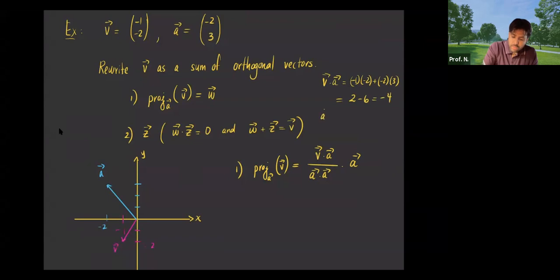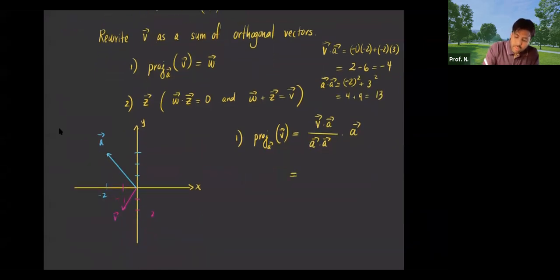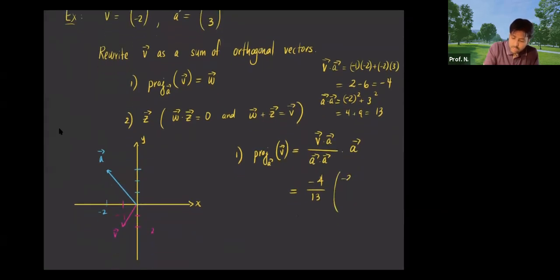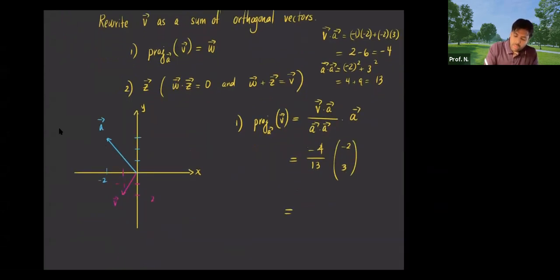What is A dot A? It is -2 squared plus 3 squared, which equals 4 plus 9, which is 13. So this equals -4 over 13 multiplied by A, which is -2, 3. So then this equals +8 over 13, and this equals -12 over 13. This is the projection.